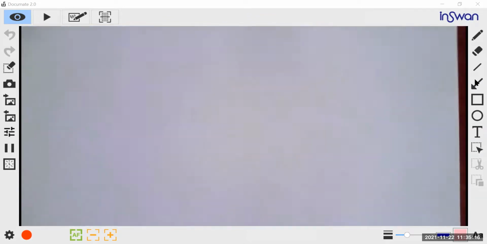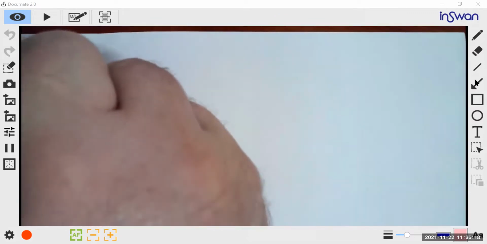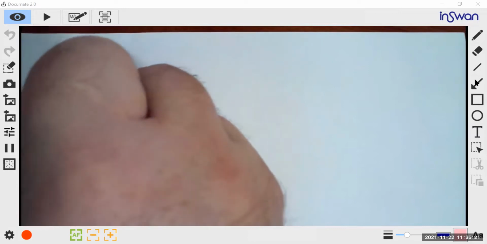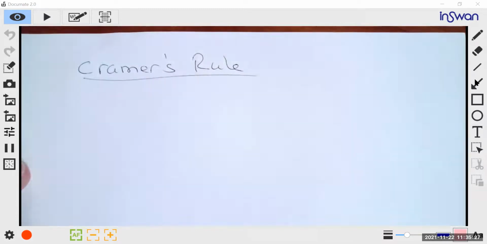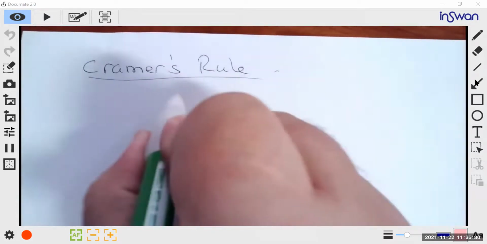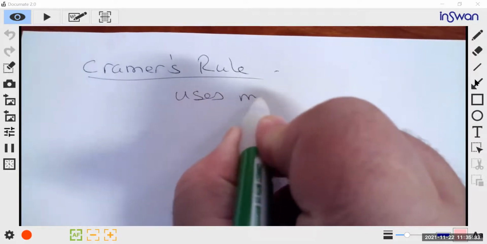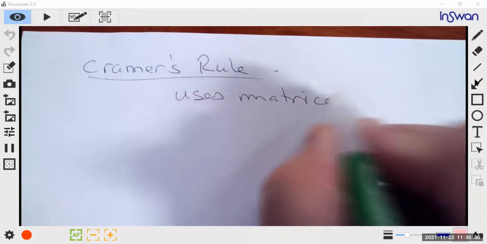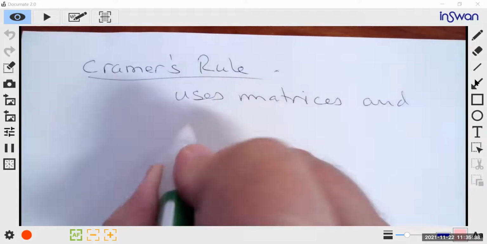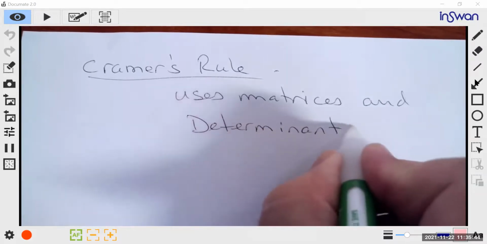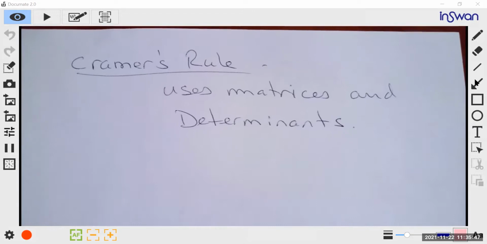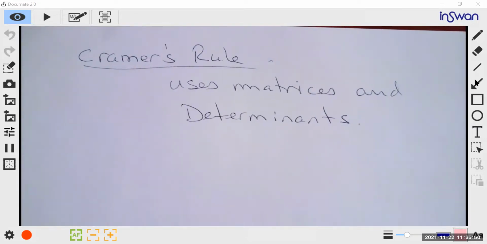Now, those are the first three methods. The last method, the last thing we're going to talk about in this class, is Cramer's rule. It uses matrices and determinants. And I'll explain those in a second.